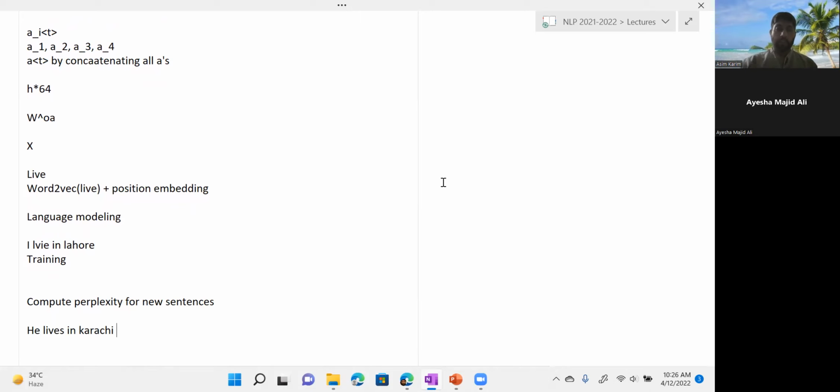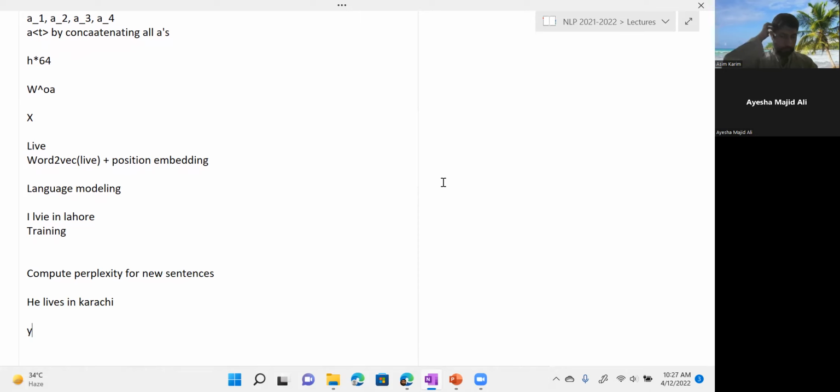I'm going to write this in terms of probability, so I'll just write it in terms of Y. So Y1, this is a probability, times Y2 times Y3 times Y4.